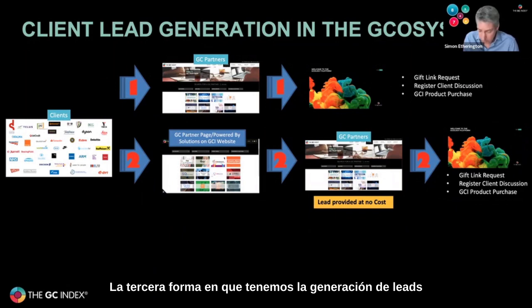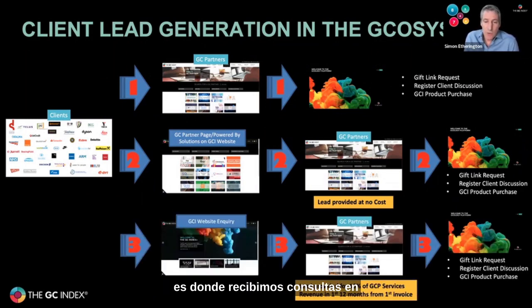The third way we have lead generation is where we get inquiries on our website who are just generic inquiries. So they haven't come to a partner page. They've just come to us and said, look, we're interested in the GC index. Now in that scenario, and I'll take you through the steps on it, we will have a conversation with them and we will help them determine which partner is the best partner to support them in what they do.